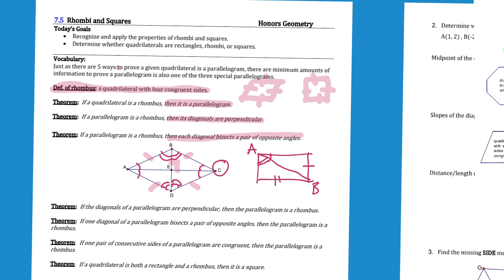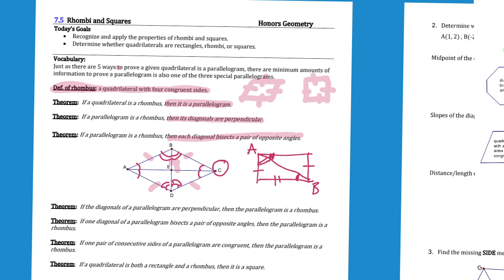Alternate interior angles will be congruent, so this one up here will match this one down here, because they're congruent triangles. But the angles don't get bisected in a rectangle. Only in a rhombus, and actually a square, because those are both considered rhombuses.